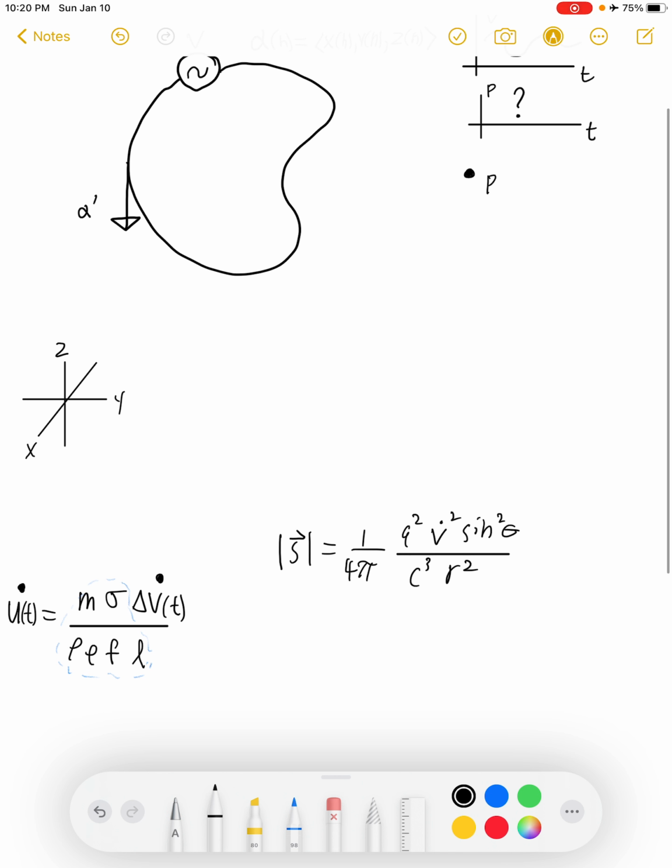Okay, so now, just to stay consistent, we're going to replace V with U so as not to confuse it with voltage.